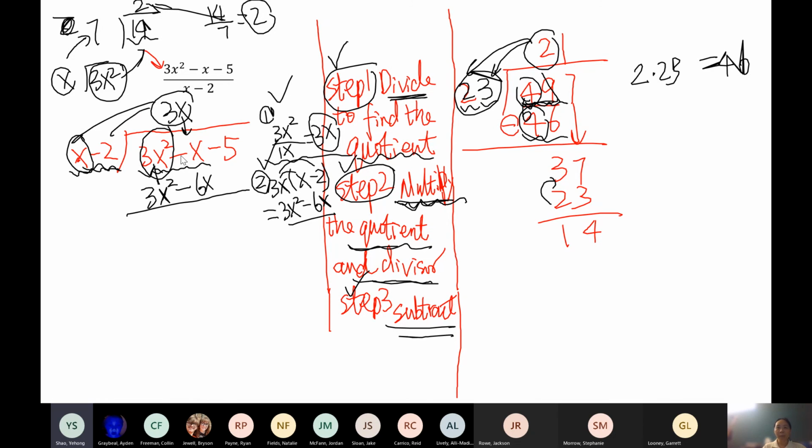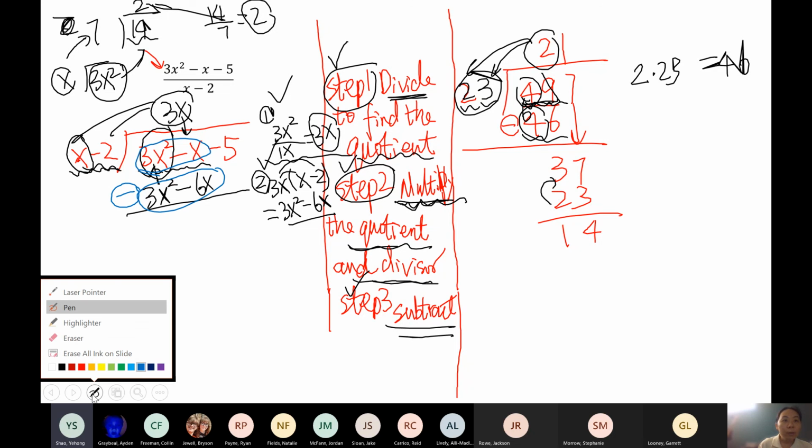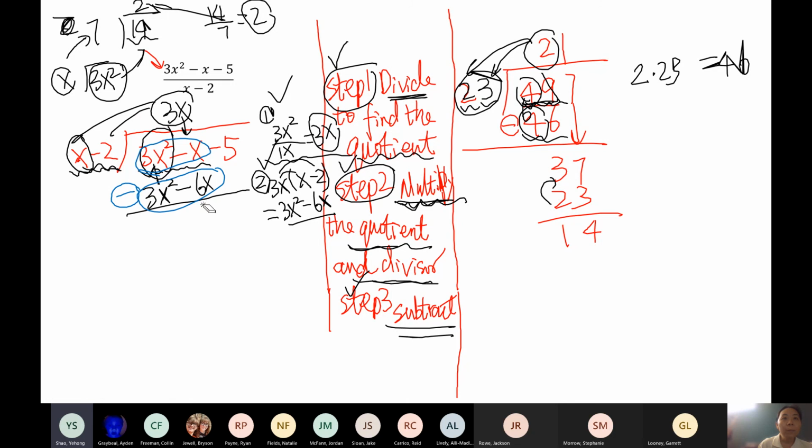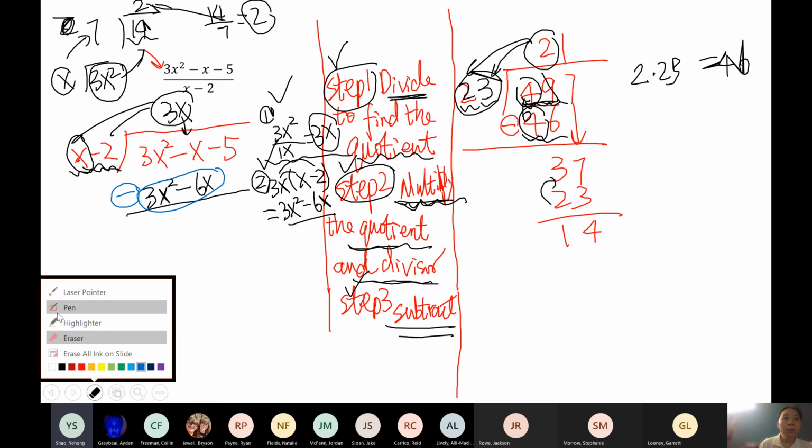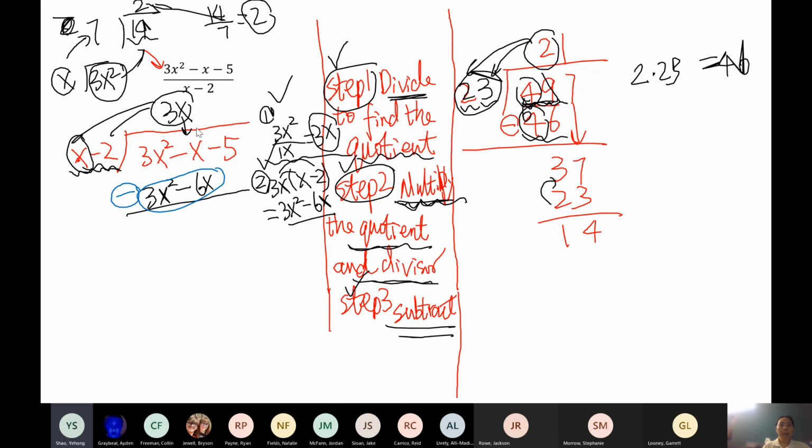You do need to be careful with the minus signs. So I'm going to go ahead and put a minus sign here. So you're doing this minus that, okay? Okay, if you got the answer, type it in the chat box. I can see how many of you got it.